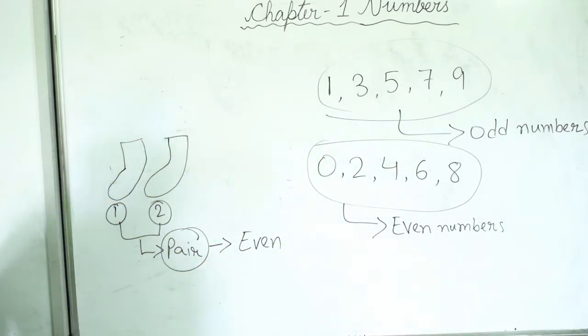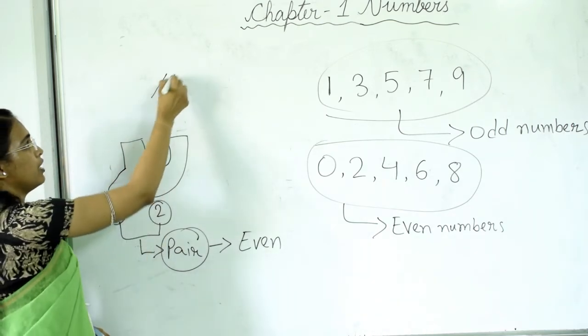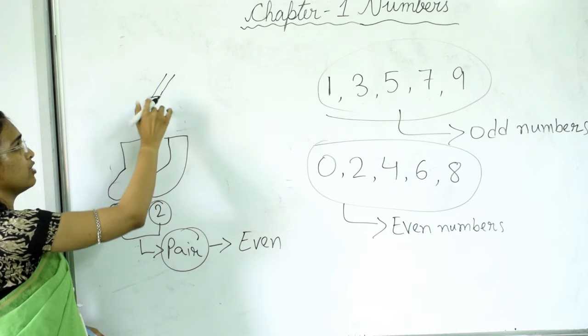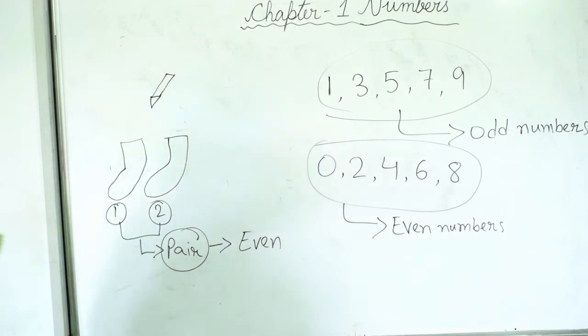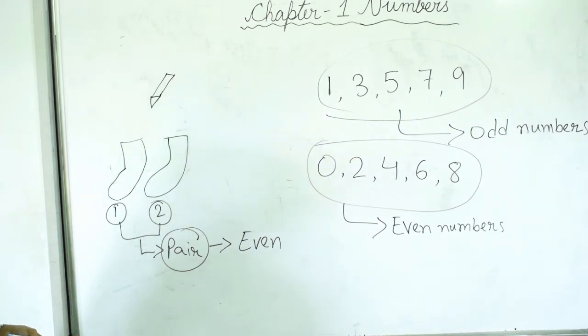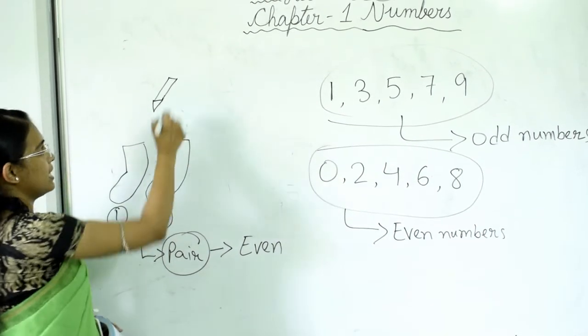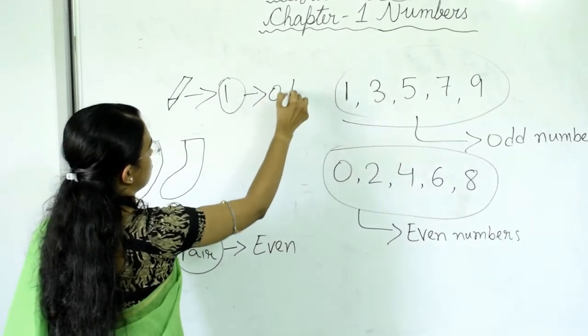And like this pen, when we are writing, we can use one pen. Yes or no? We can use one pen or 2 pens. Do we need 2 pens to write? No, we can also write with the help of one pen. So that is an odd number.